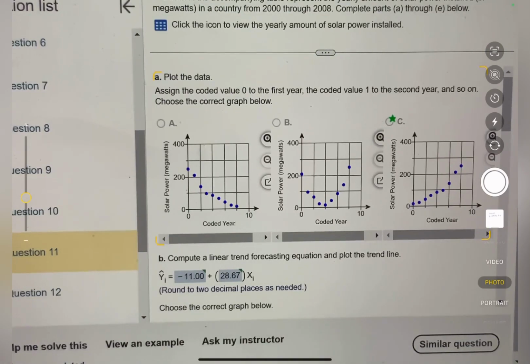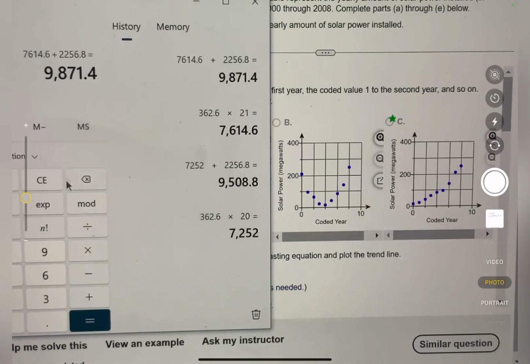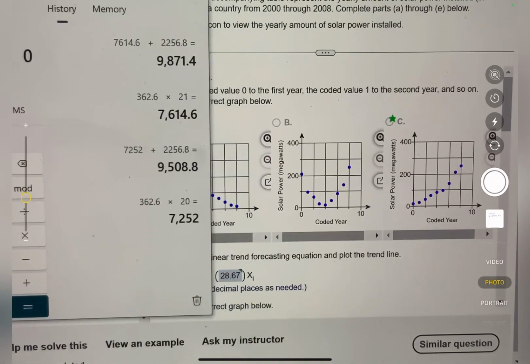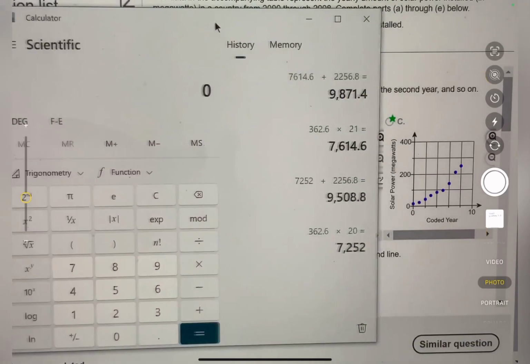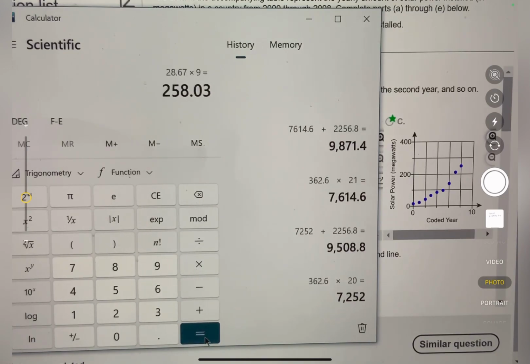So if you take it, okay, let me do it. Calculator. So what do I have? Let me clear it completely. So I have 28.67 times 9, right? And plus, how much do we have?